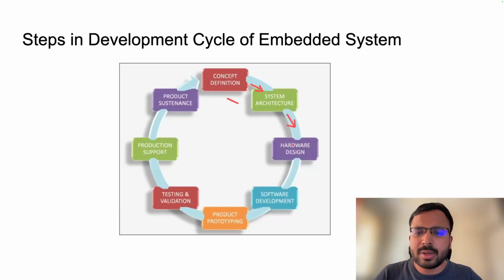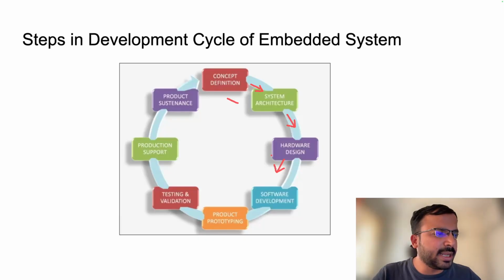In hardware design, we'll be designing the front end using some HDL languages and all that. So this will be a proper design code. And in parallel you will have software development going on, which will ultimately be dumped on the ROM, the memory module, so that the embedded system reacts in a certain way.